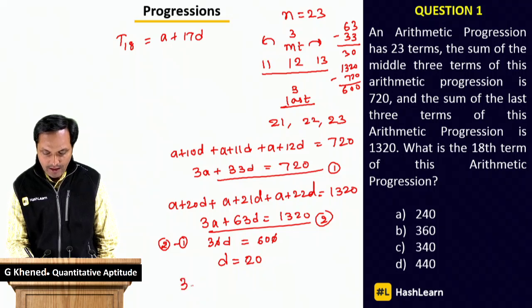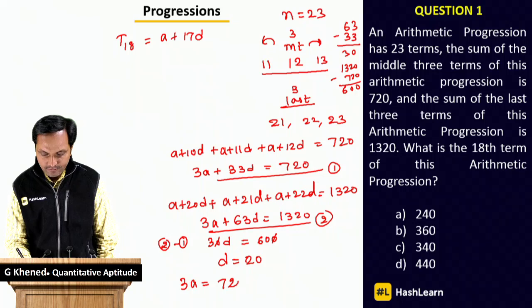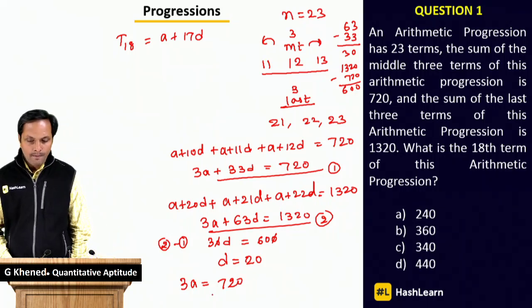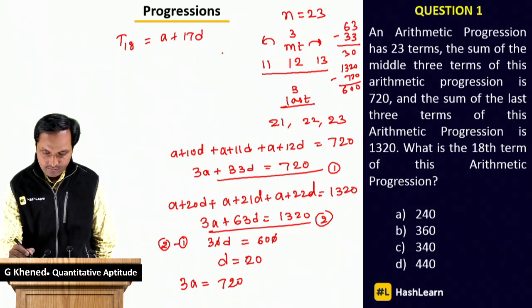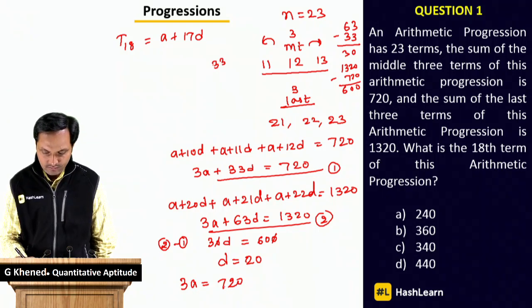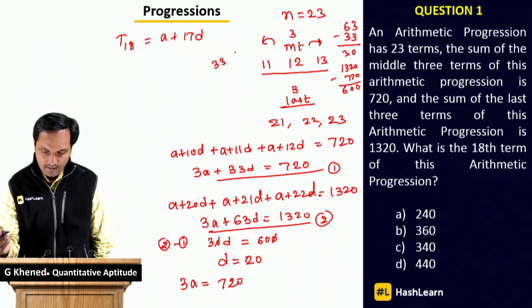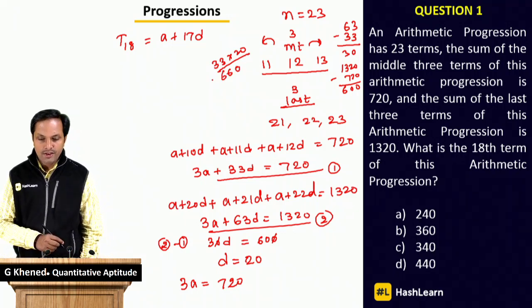That will give you 3A is equal to 720 minus 33D, and 33D into 20 gives 660.